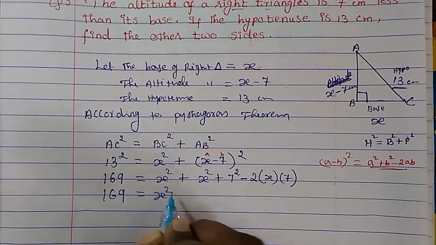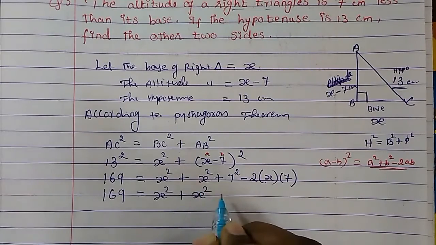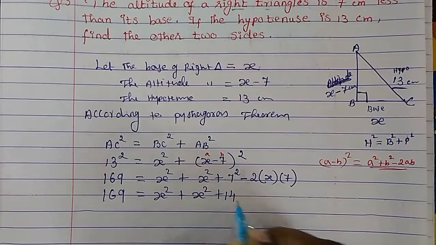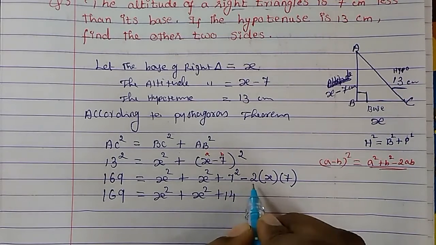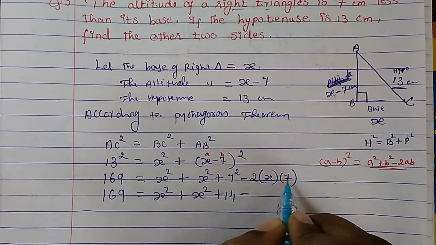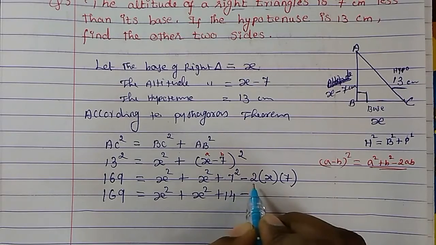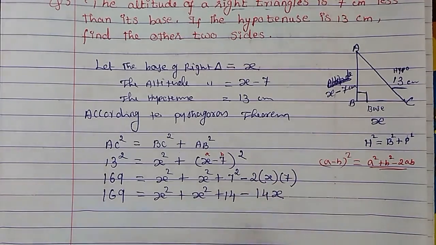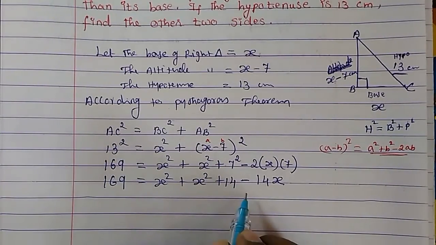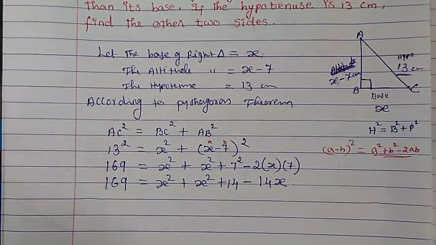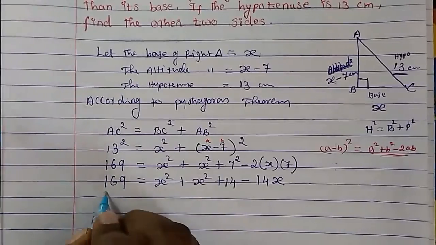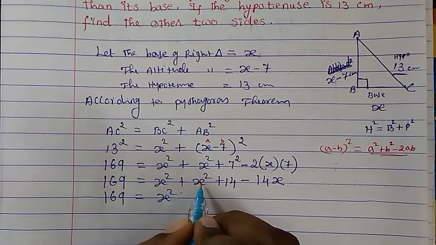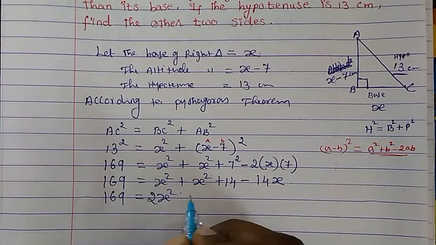169 equals x square plus x square plus 7 square, which will be 49, then here we have minus 2 times 7, 2 sevens are 14, 14x. Okay, still we can simplify. So x square and x square will give us 2x square.